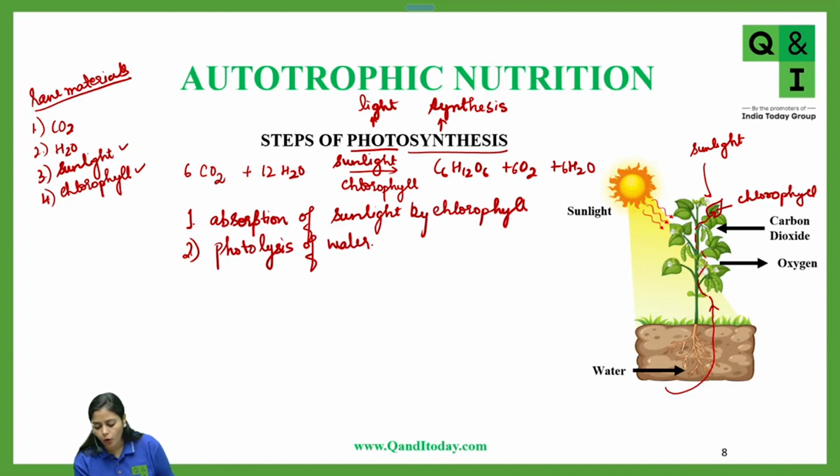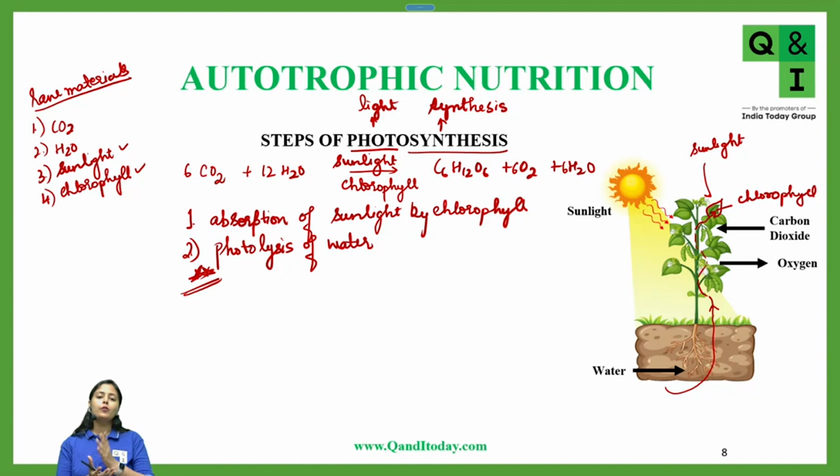Photolysis of water, a very, very important step. Because of the energy trapped from the sunlight, the photolysis of water takes place. Students, when you move to class 11, I will tell you why water is broken down. It is to release electrons. That is a very complex step.